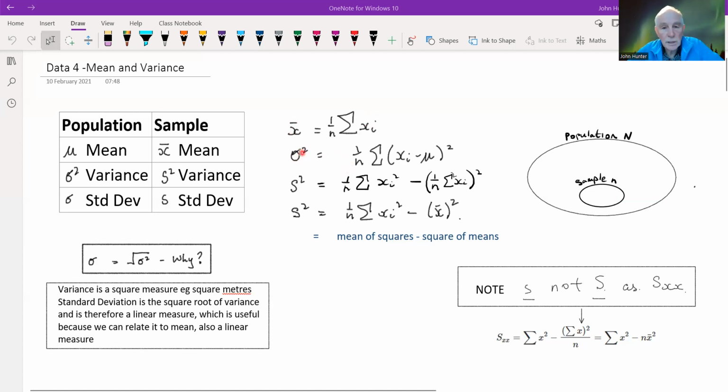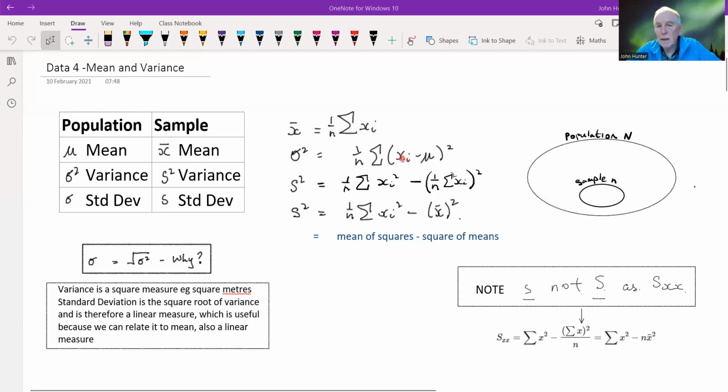The variance, so this is the measure of spread, and what we're actually looking at is how far around the mean the data is spread out. So what we do is we subtract the mean from each data item.